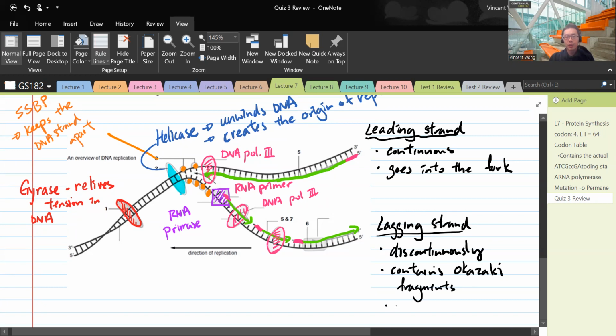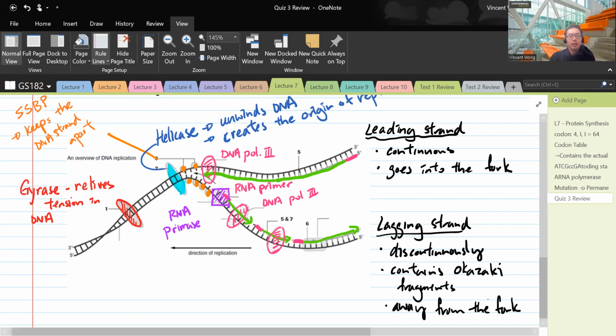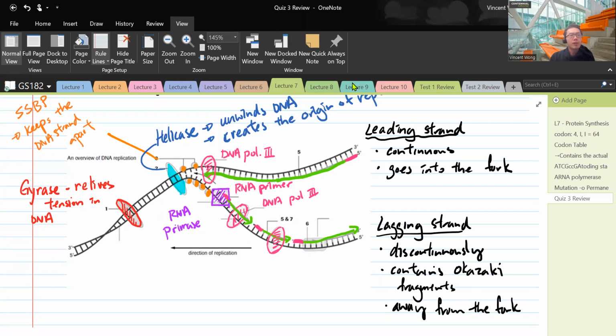And also it is going to be moving away from the fork. Okay? It moves away from the fork. Any questions so far?